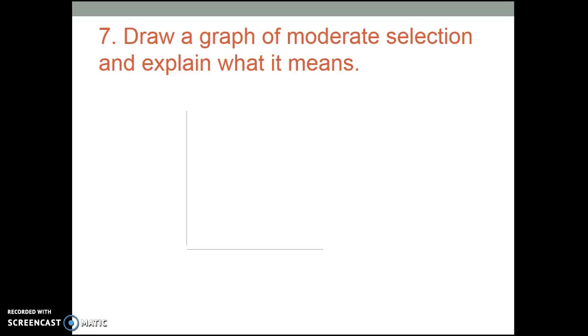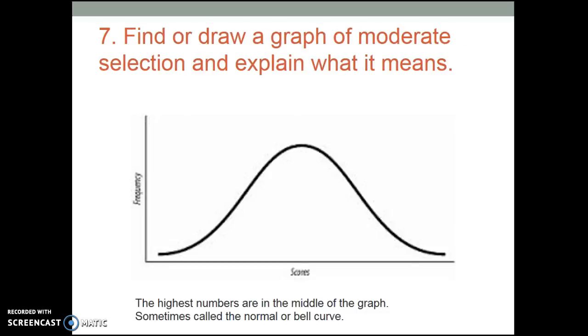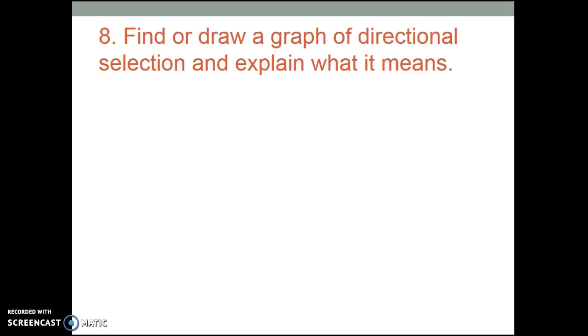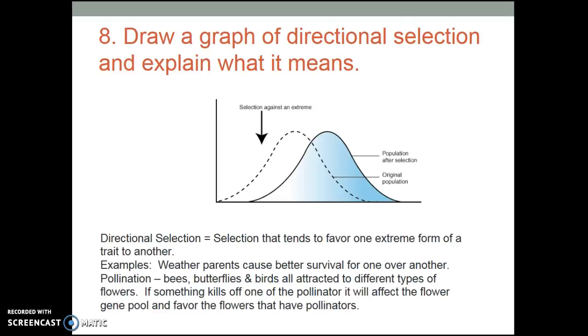Drawing a graph of moderate selection, be able to explain what it means. Moderate would be that normal, where the highest numbers are going to be in the middle of the graph, and then the lower numbers are going to be on the outside of the graph. Directional, I want you to make sure that you know a bunch of examples for this one. Directional is where we are going to be tending to favor one extreme over another.